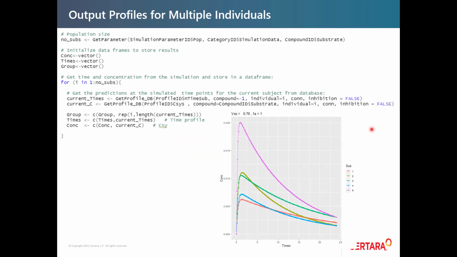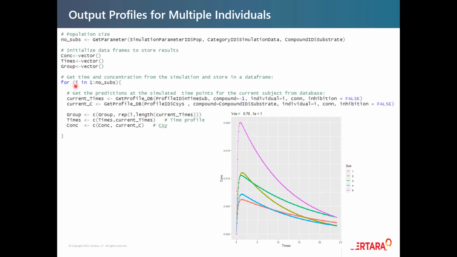Assuming I was interested in knowing the concentration time profile for the full population, so in this example, we have 5 subjects. All one needs to do is to create a loop where within that loop, the individual number is being changed. So in this loop, we're extracting the time data simulated for subject 1, and then we are extracting the systemic concentration simulated for subject 1, and then we're saving it into an object called times and conc.